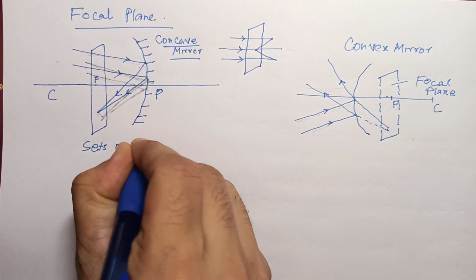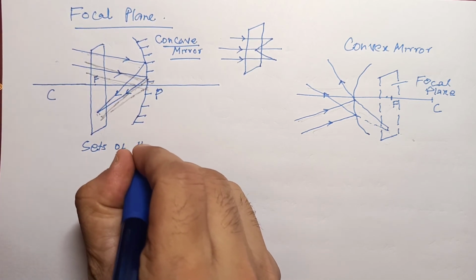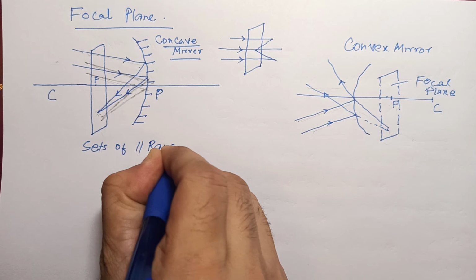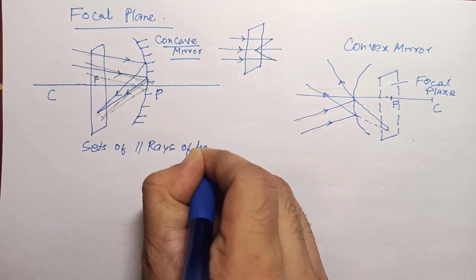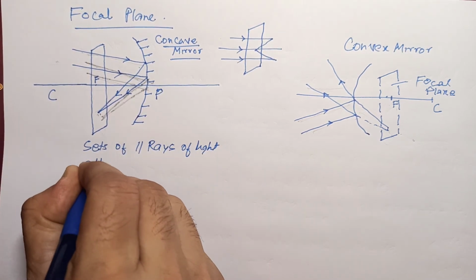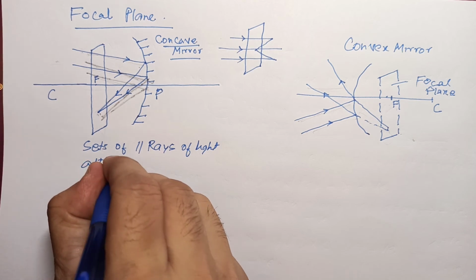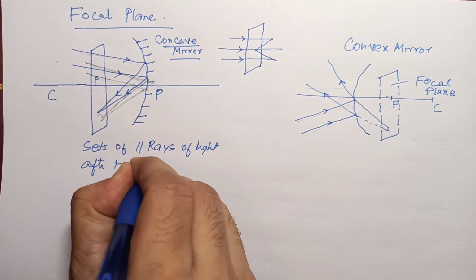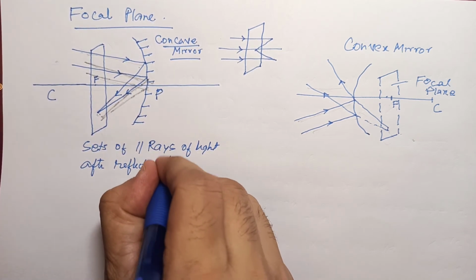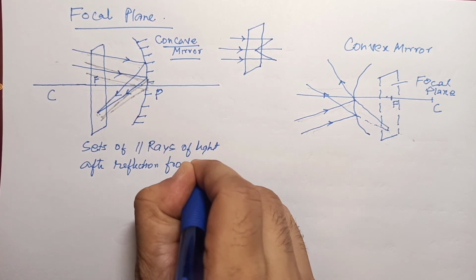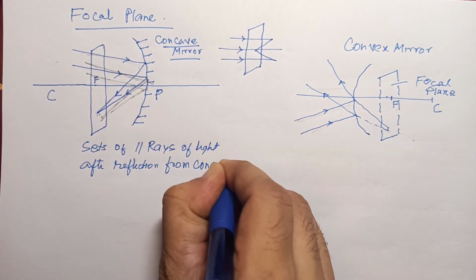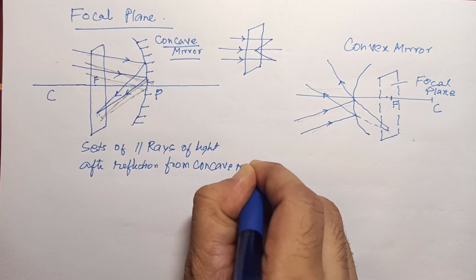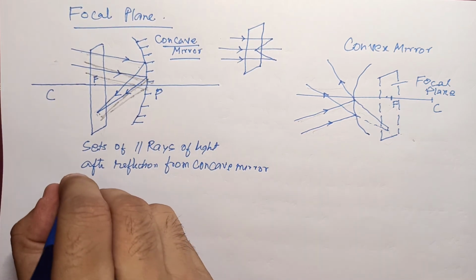sets of parallel rays of light after reflection from a concave mirror meet at a common point.